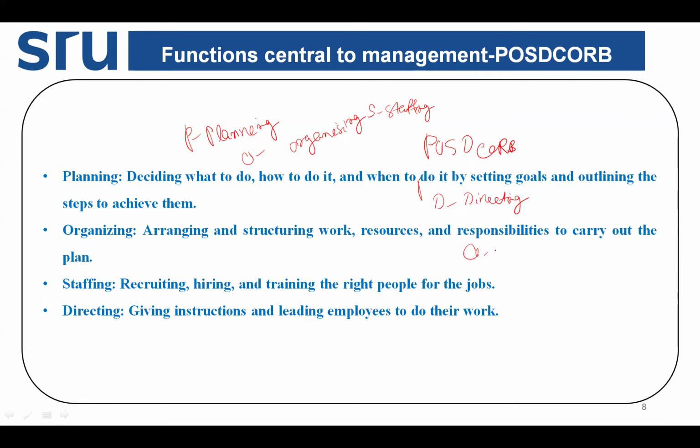CO means coordinating. Then R means reporting. And B means budgeting.